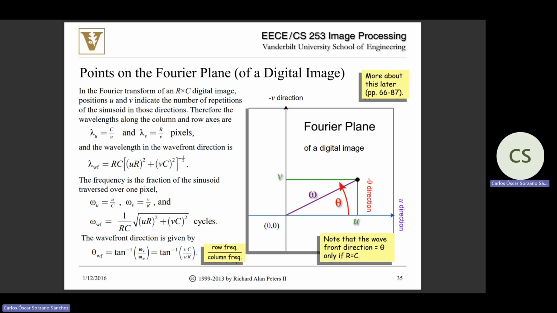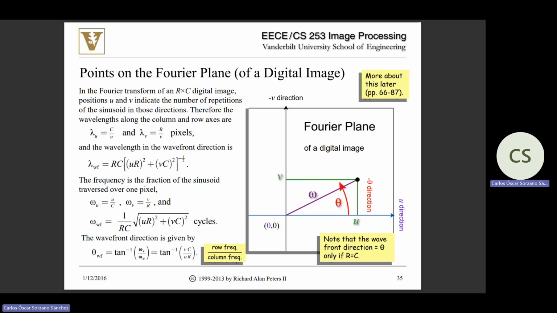The u and v in this slide are the k's, so they are indexes. So k x with values 0, 1, 2 are the indexes of the different Fourier components.